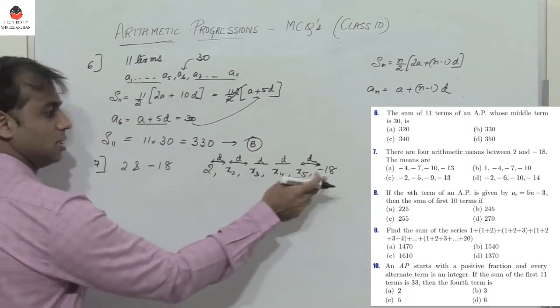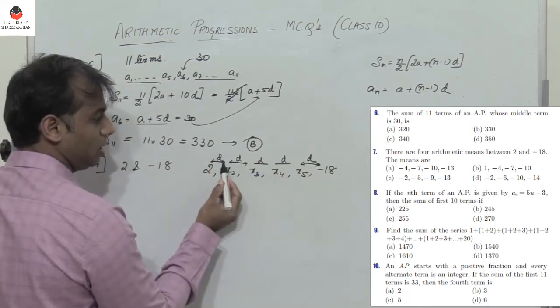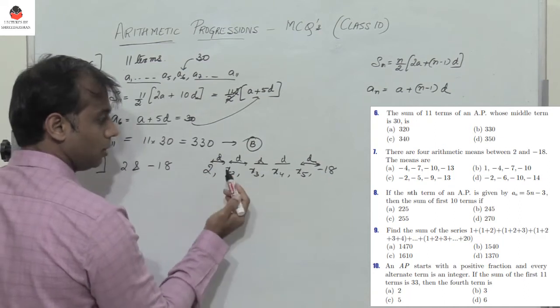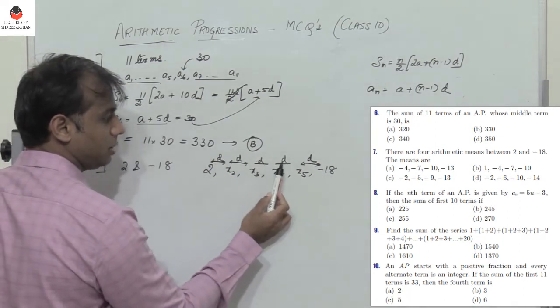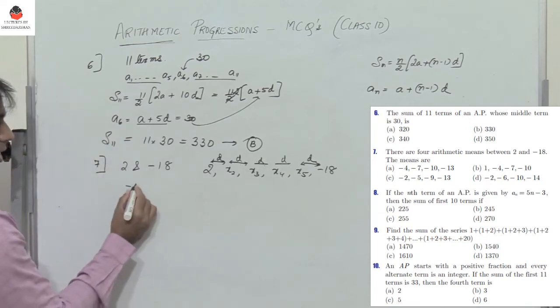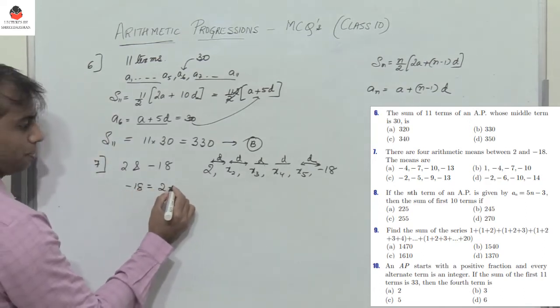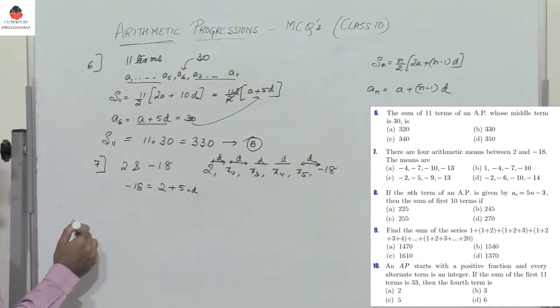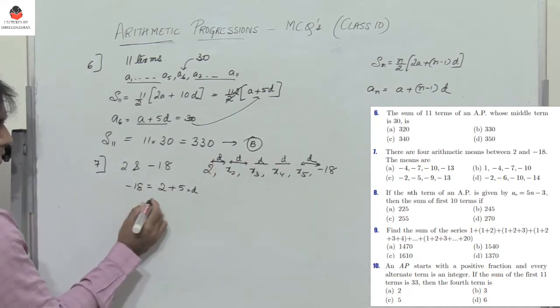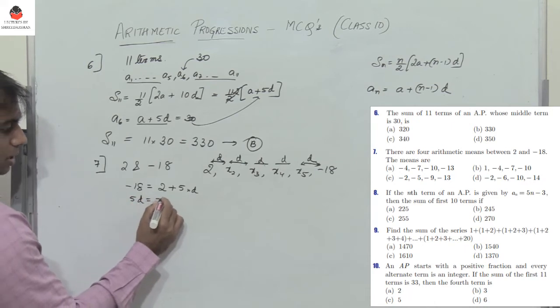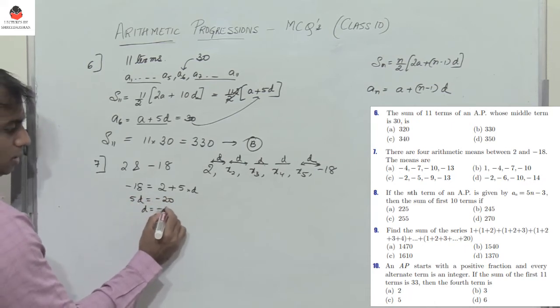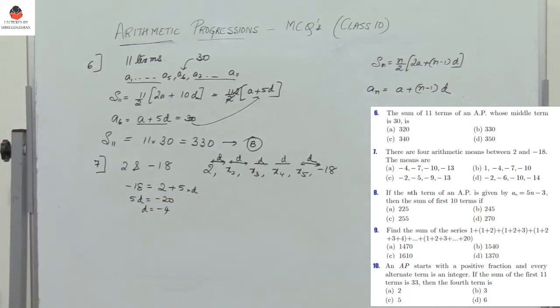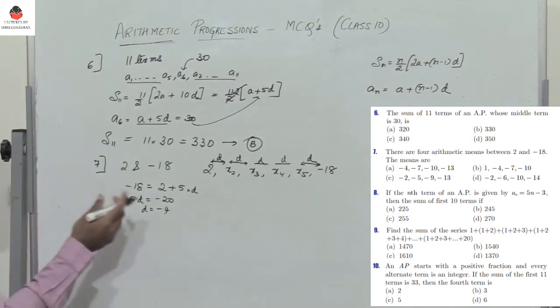So how do I get the sixth term? I get the sixth term by adding 2 plus D plus D plus D plus D plus D. So minus 18 equals 2 plus 5 into D, 5 Ds. So what is D? So I get 5D equals minus 20, D equals minus 4. A very simple problem. So now I need to find all the values.